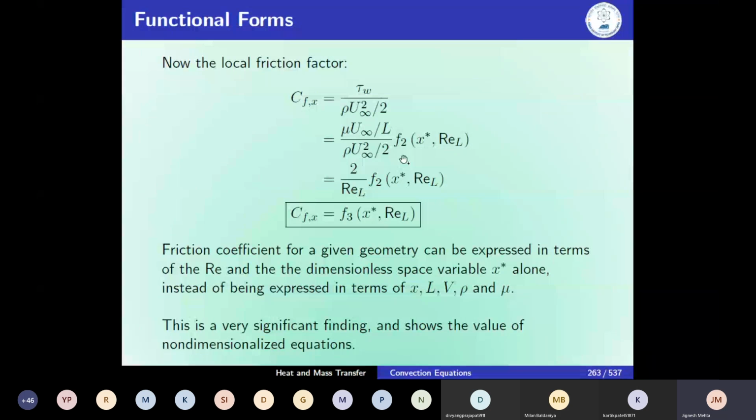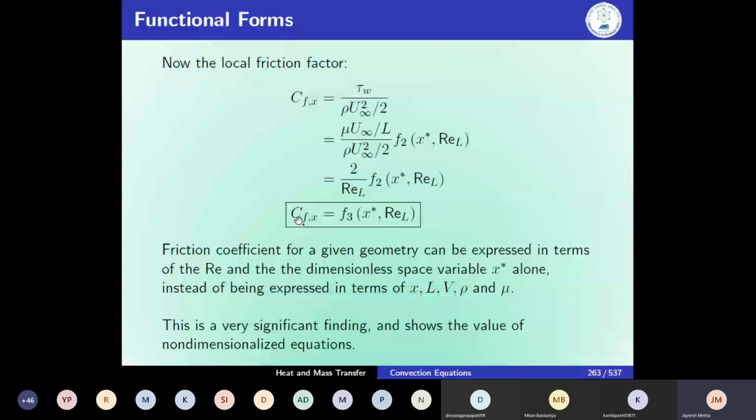Then you can have either a 3D plot, or multiple plots at different X star values for different Reynolds numbers. With that graph you will be able to write an equation relating CFX with X star and Reynolds number, and that equation can be used by others also, because you have written a generalized equation.